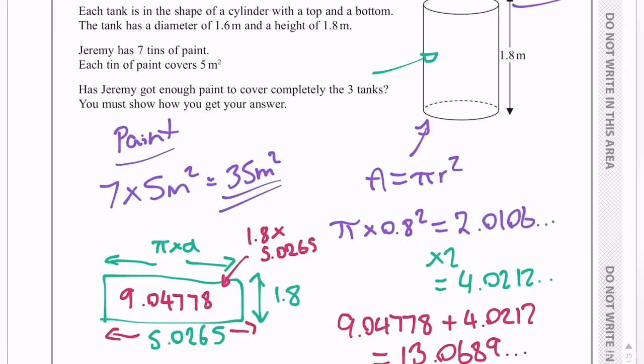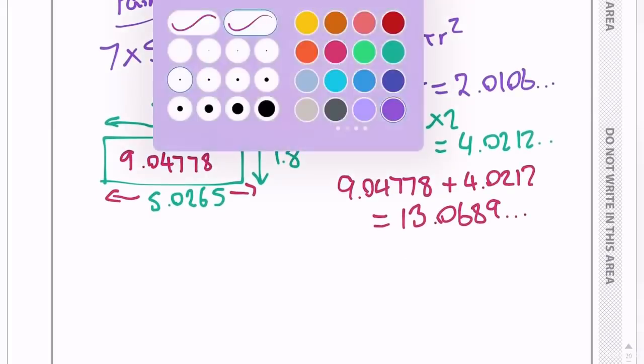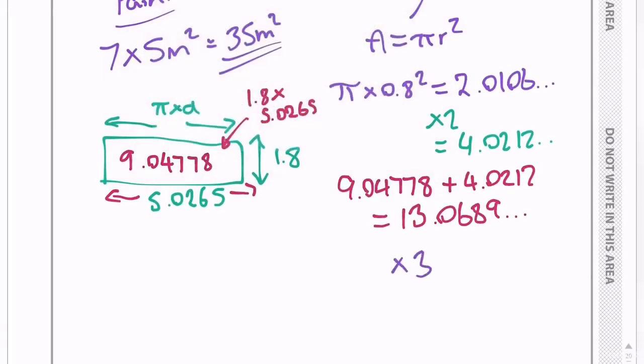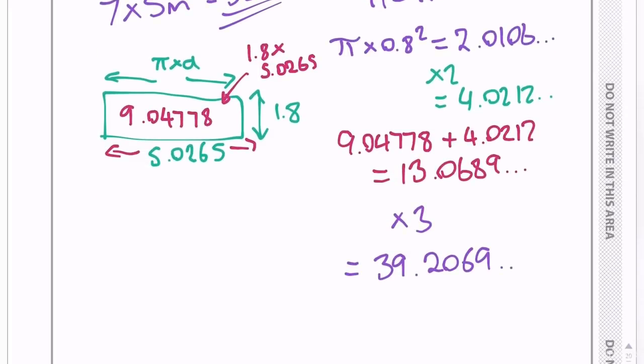Now that's the surface area of one cylinder, and it says that Jeremy has to cover 3 tanks. So all I need to do is multiply that by 3 now. So if we multiply that by 3 for the 3 tanks, we get a total surface area of 39.2069. It was in metres, so let's put some units in now, metre squared. And he had 35 metre squared of paint, which we worked out right at the start.